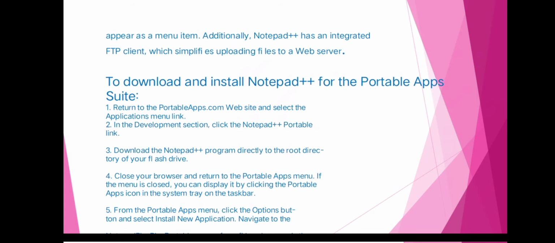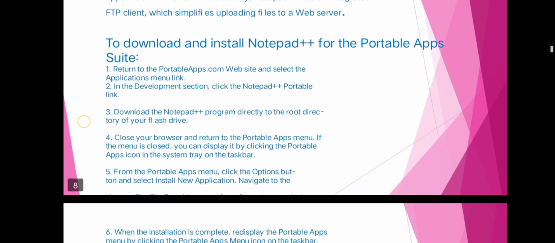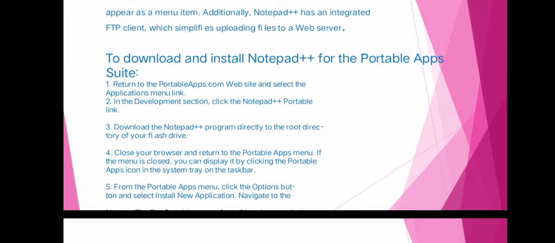To download and install Notepad++ for the Portable Apps Suite, first, return to the portableapps.com website and select the application menu link. Second, in the development section, click the Notepad++ Portable link. Third, download the Notepad++ program directly to the root directory of your flash drive.